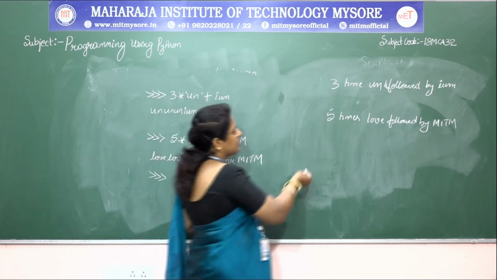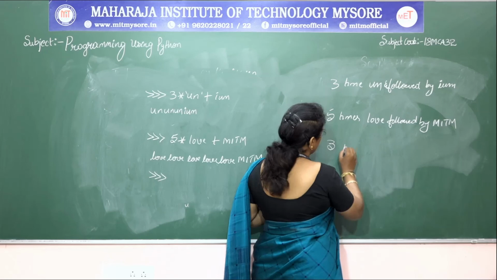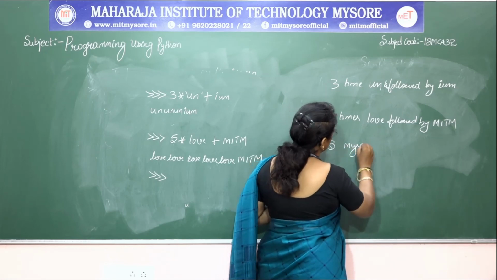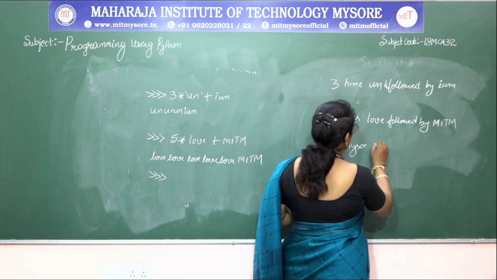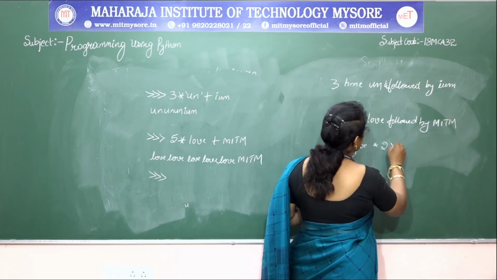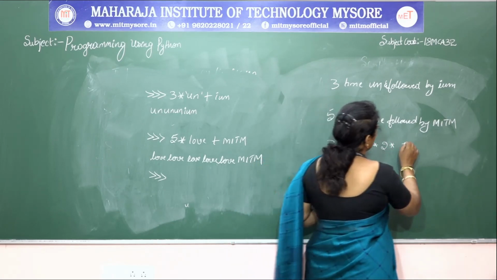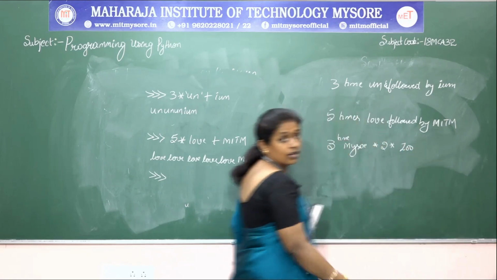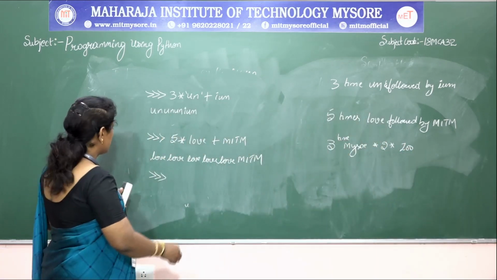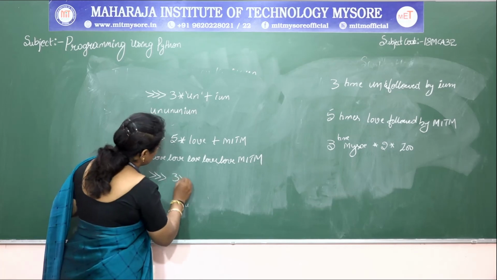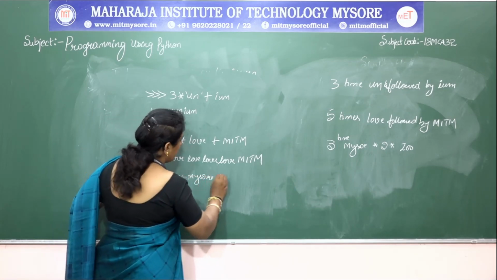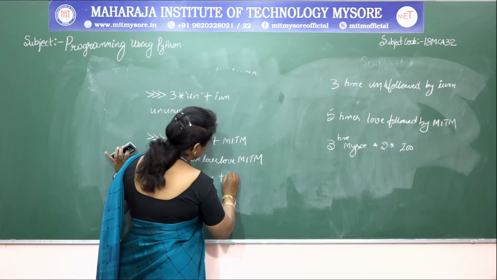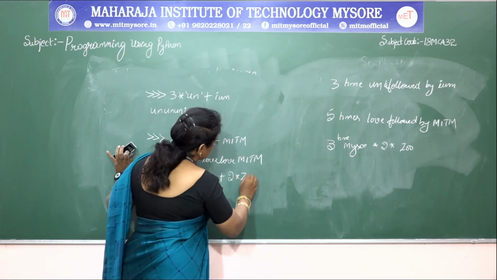And if you want 3 times Mysore and 2 times zoo, let's do it like this: 3 multiplied by Mysore, and we are concatenating 2 times zoo.